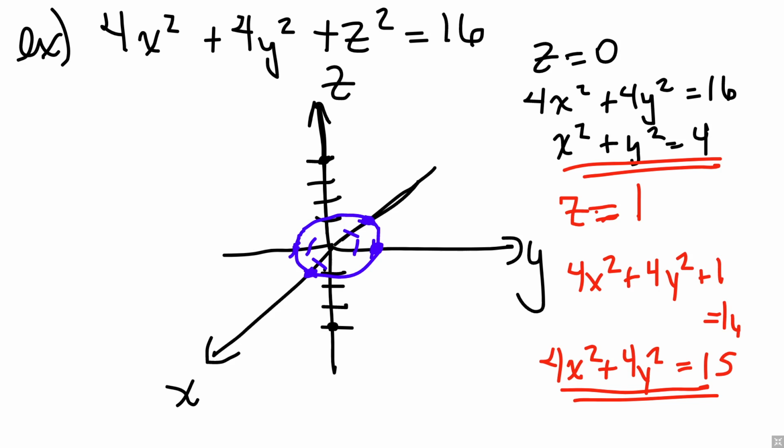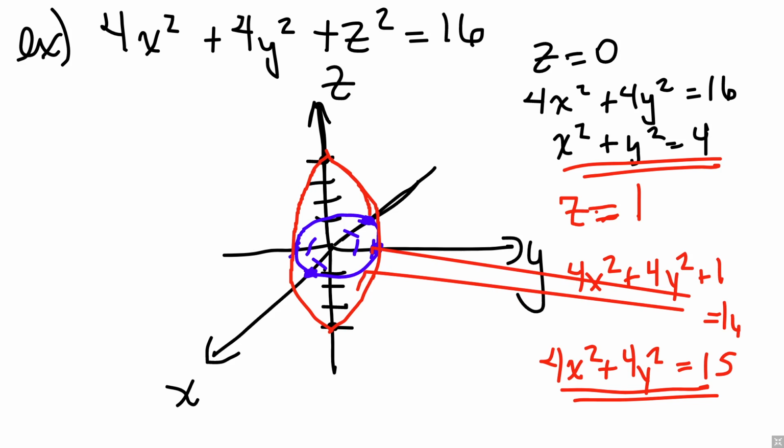From z, we're going to have kind of an oval shape going here. It's going to end up giving you a football shape.